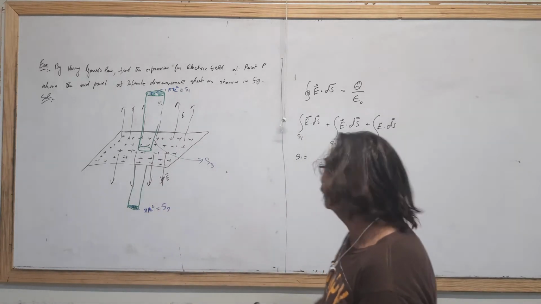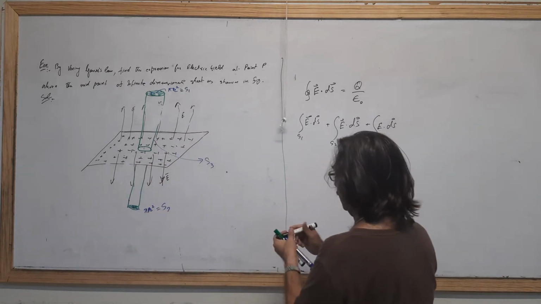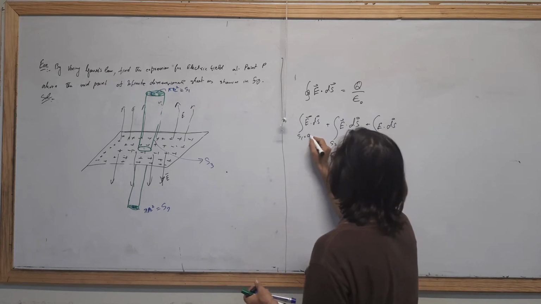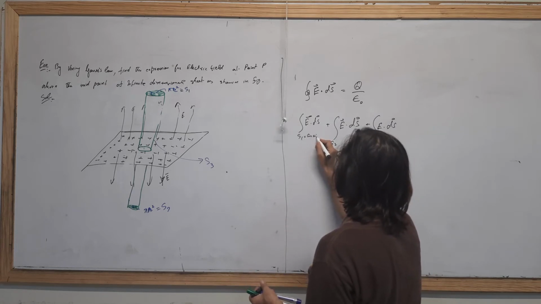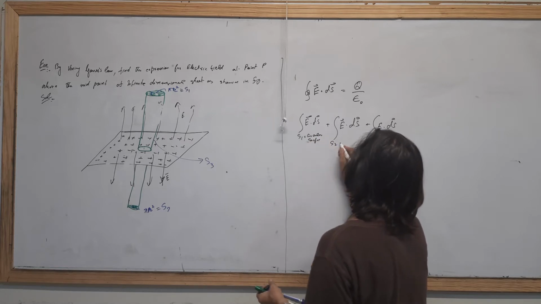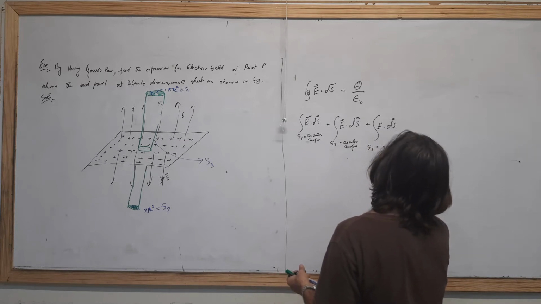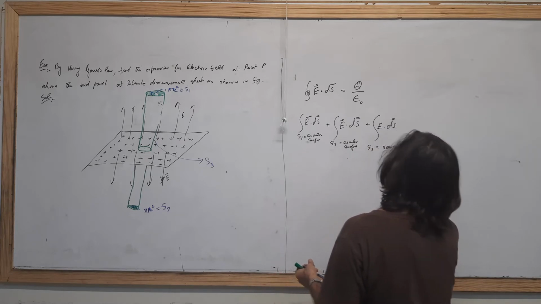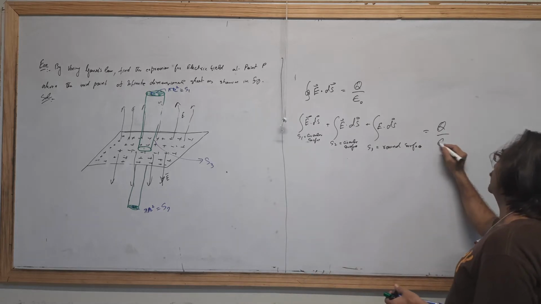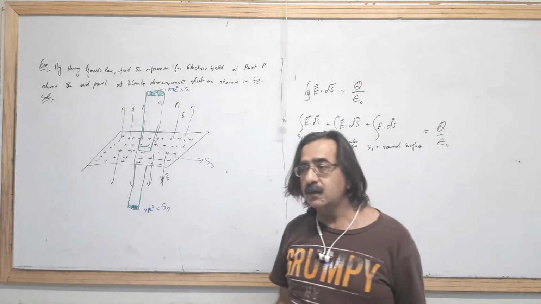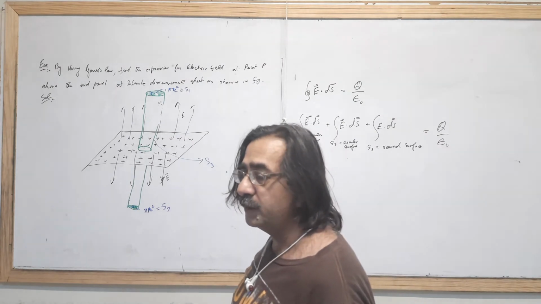So there are three surfaces: two circular surfaces and one round surface, and the total equals Q over epsilon according to Gauss's law. But what is the Q?